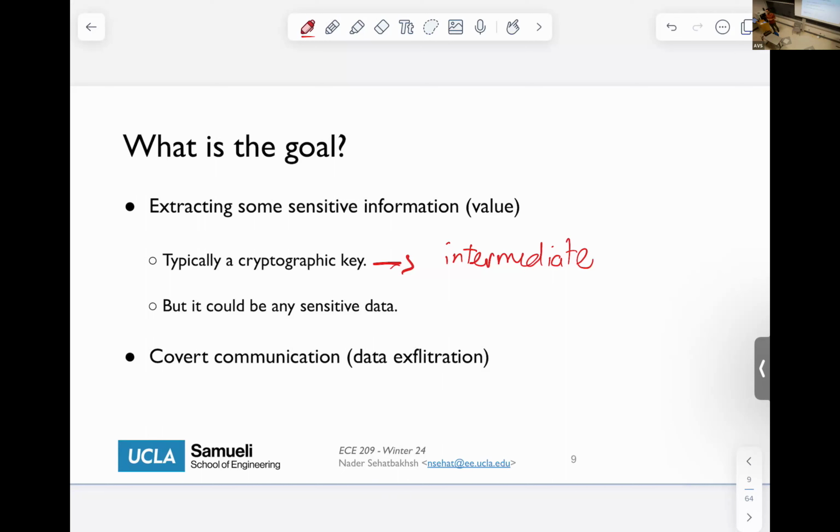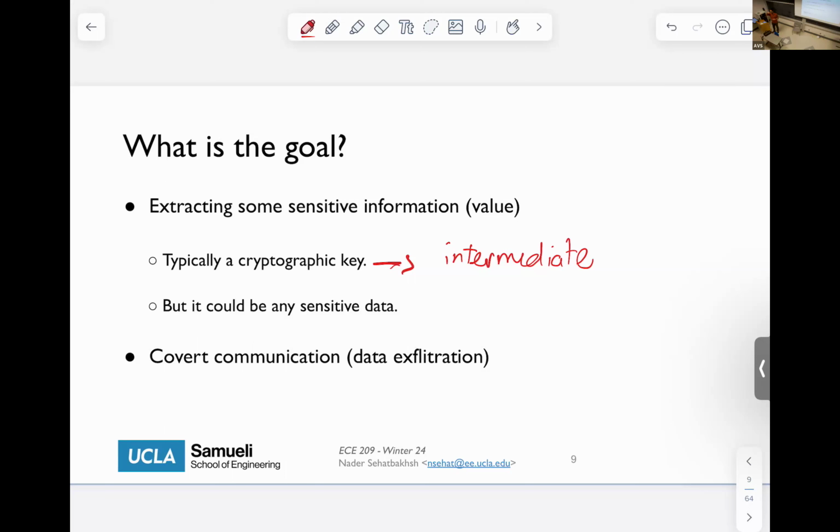And if you remember, for example, last time I described a fault attack on this crypto system, where if you're able to flip one bit during the computation of, let's say, DES or AES, people have shown that this would be enough for the adversary to find the key.